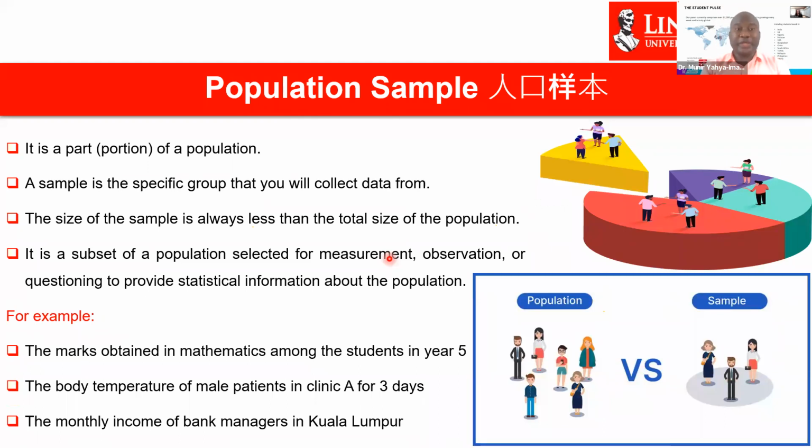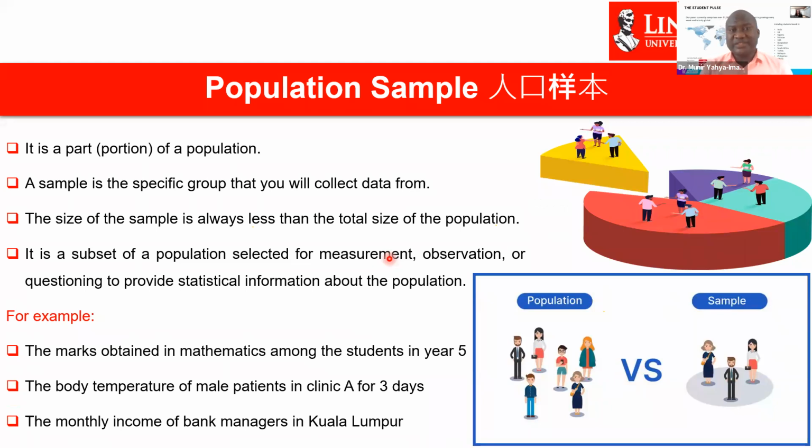For example, the marks obtained in mathematics among the students in year 5 can be a population sample, or the body temperature of male patients in clinic A for 3 days, or the monthly income of bank managers in Kuala Lumpur.